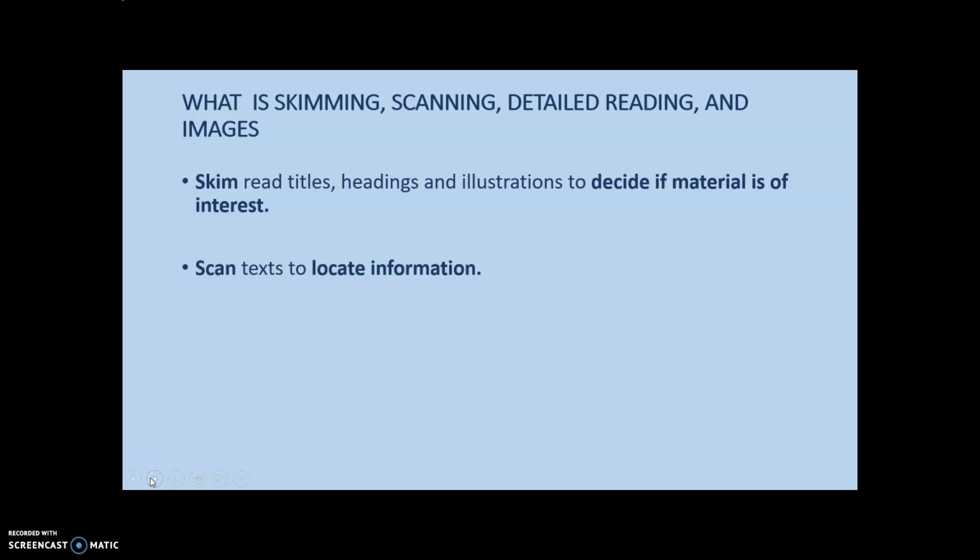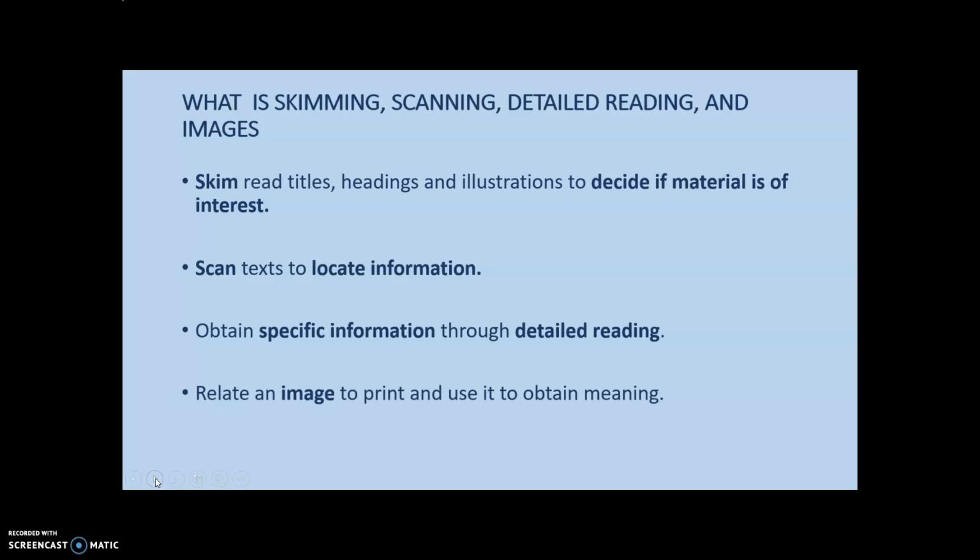You can then scan text to locate relevant information, and you've got some activities to do later on. And you can obtain specific information through detailed reading. That's reading everything that is required. And you can also relate an image to obtain a meaning. So images are very much used when we're working with low-level learners.